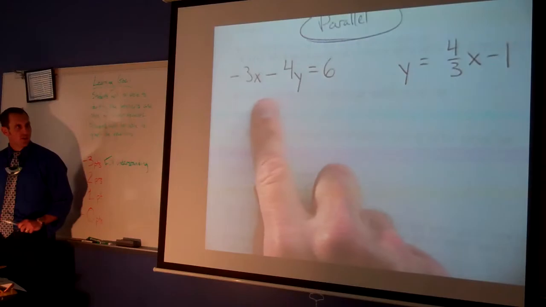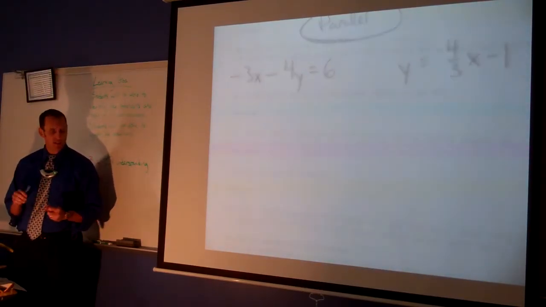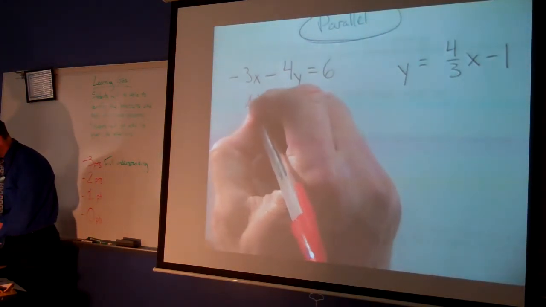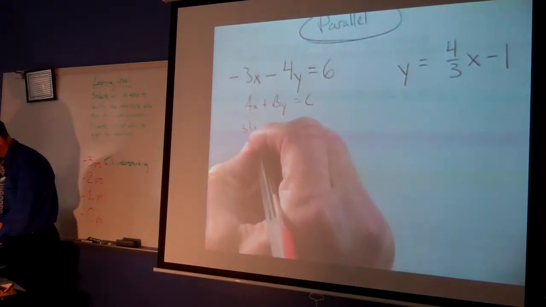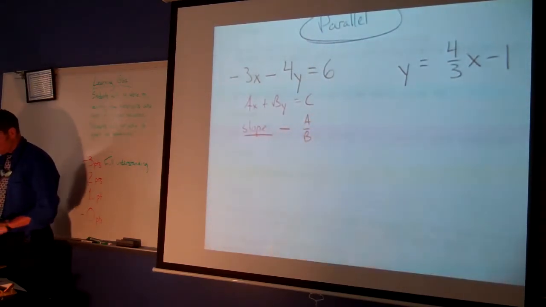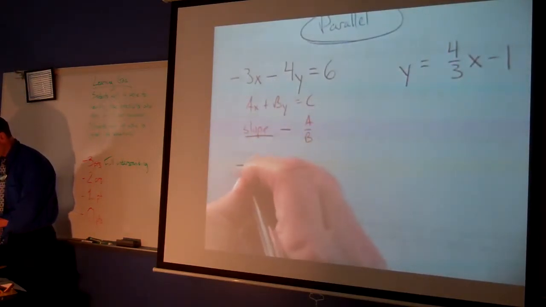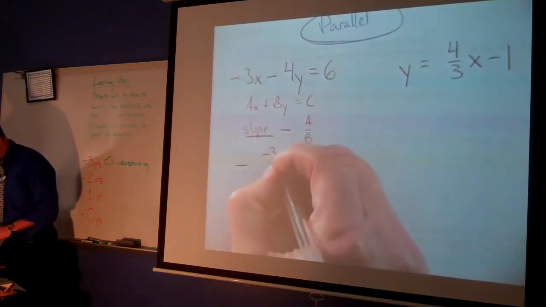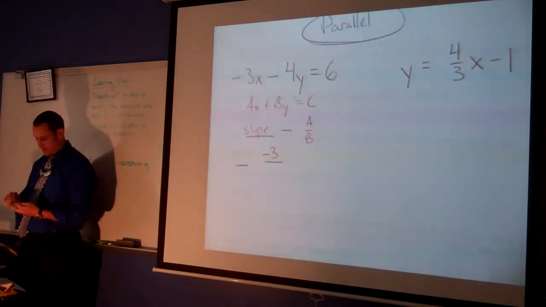In the first equation, we can still solve for y, just like we did for graphing, to put it in slope-intercept form, or we can use our shortcut. If we have the x term, then the y term, then the constant, the slope is the opposite of a over b. In this equation, we have the opposite of the coefficient for x, -3, over the coefficient for y, which is -4.